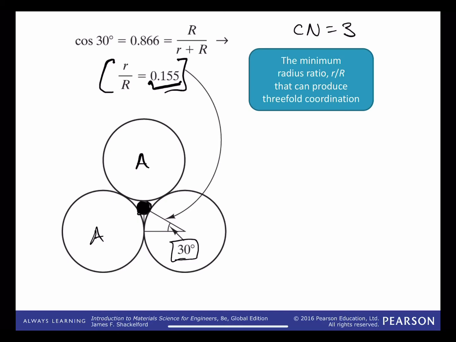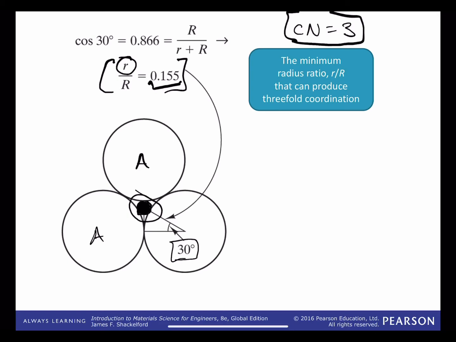And we'll be able to accommodate slightly larger inner cation radius, so slightly larger cations, to a certain threshold, in which case we'll be outside of the coordination number 3 and consider a larger coordination number 4.